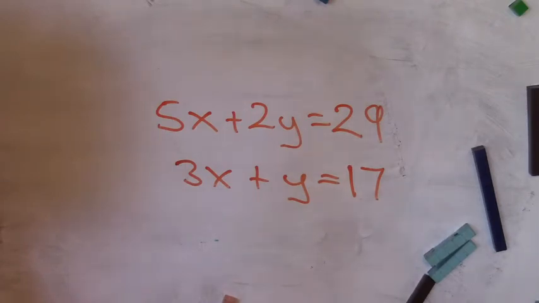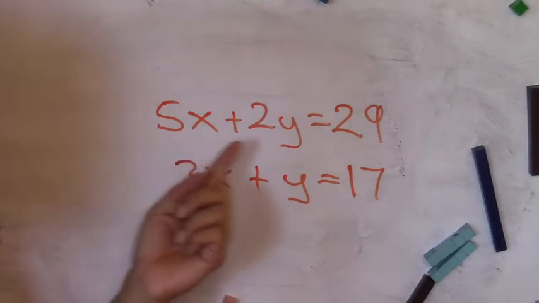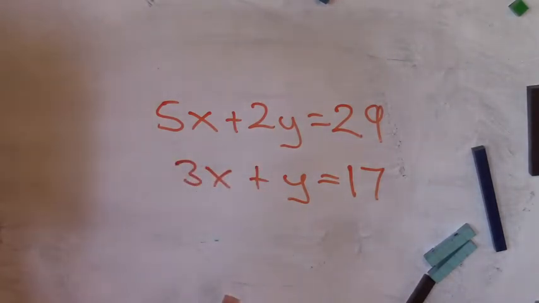Actually, no, that wouldn't work. Why wouldn't it work? Don't second guess yourself. Go with your gut. If X was 5, what would Y have to be? X could be 5, and Y could be 2.